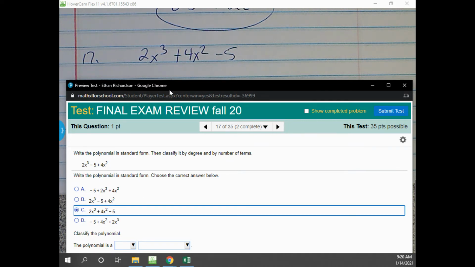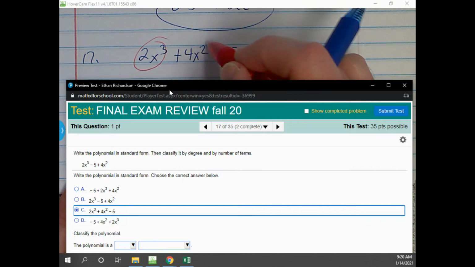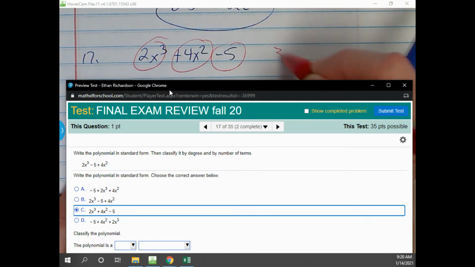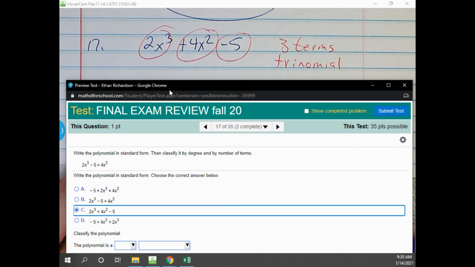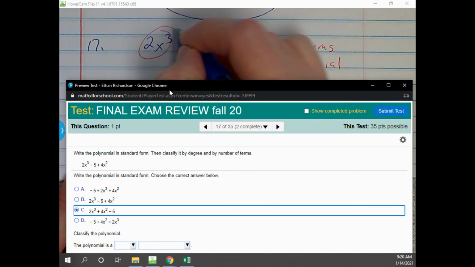And then you've got a drop-down menu. This is one where you have to check a couple of things. Remember, the plus sign separates the terms. So there's 1, 2, 3 terms, which means that's a trinomial. And then the other thing that we're going to do is based on the highest power, which is to the third.